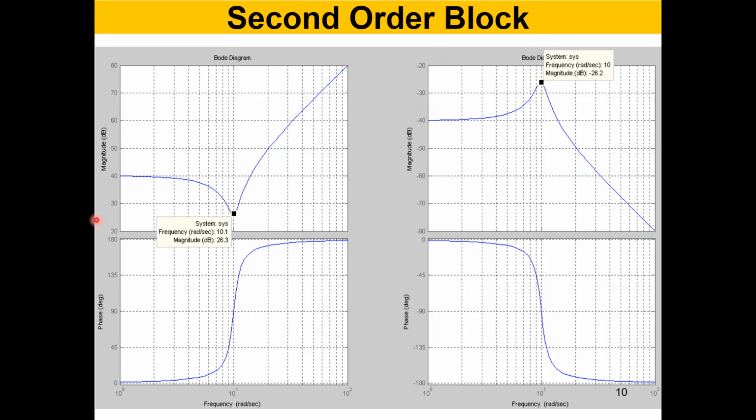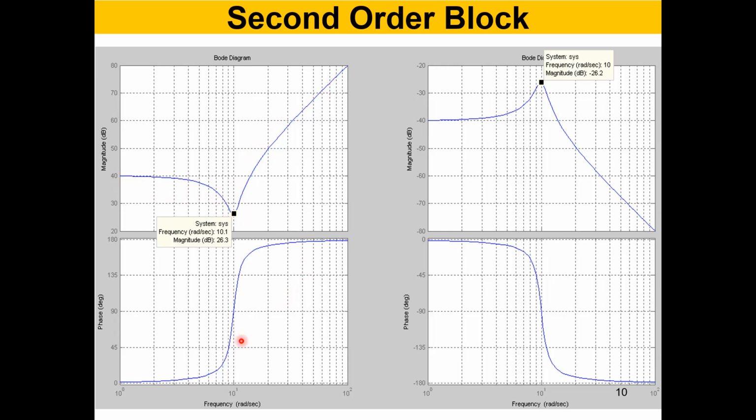So you start off with 40 dB magnitude, right? And then there's a temporary drop of magnitude when you increase your frequency to omega n, which is 10 radians per second here, and your gain drops down to 26.3 dB, right, from the initial 40, but it is only temporary, a resonance kind of thing, and then after that it increases again.